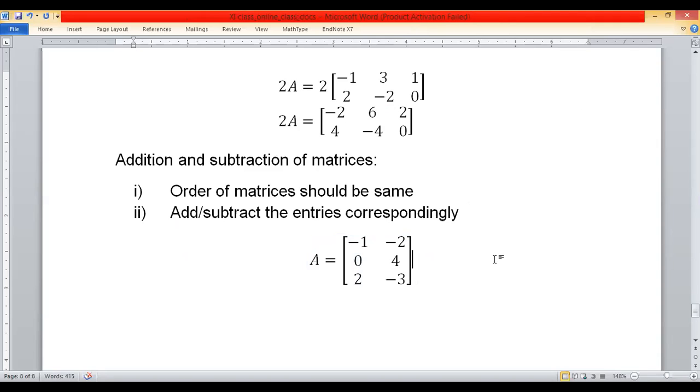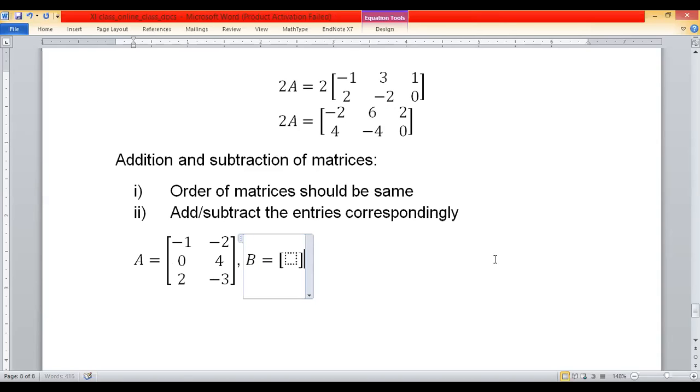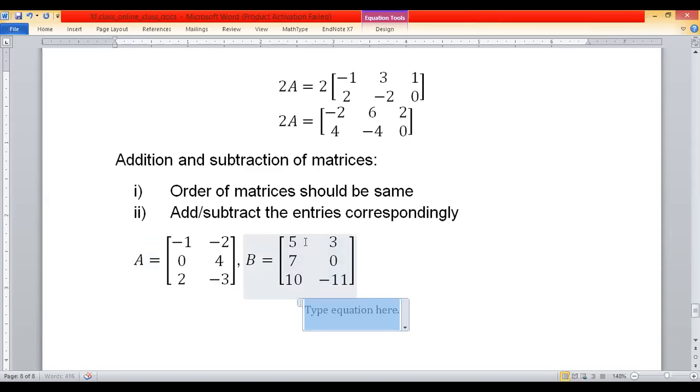So to add the matrix A with another matrix, let's say the B matrix, let's say this is 5, 7, and 0, and write down here 4, 3, -3, and you can write it again, -11. So what should be A plus B and A minus B?